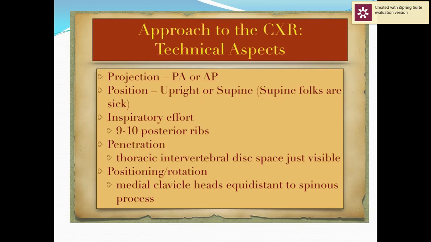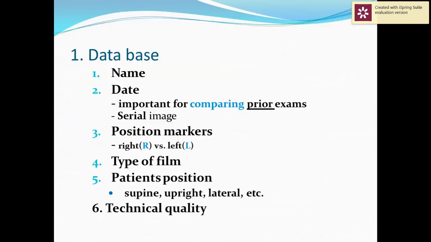Inspiratory effort دايما الإنسان بيقف أمام الكاسيت تاع chest x-ray and full inspiratory. وتتشيك also the penetration chest x-ray الدوز تاعت الراديشن والposition if they're rotated centralized also very important. زي ما حكينا هنا الداتابيز النيم الديت important for comparison the previous exam البوزيشن right and left. بعض المستشفيات يعني ممكن يحط علامة right or left and sometimes you can differentiate between right and left by the aortic knuckle and the left gas bubble.